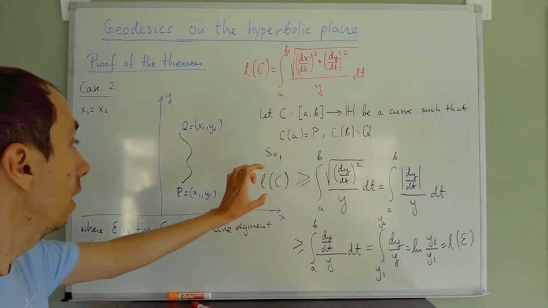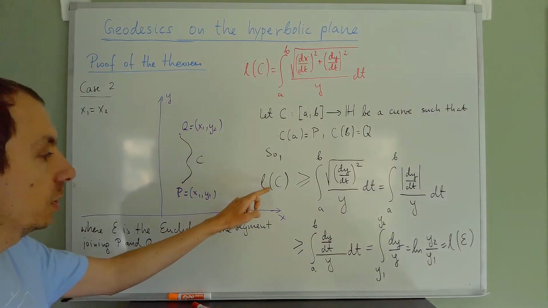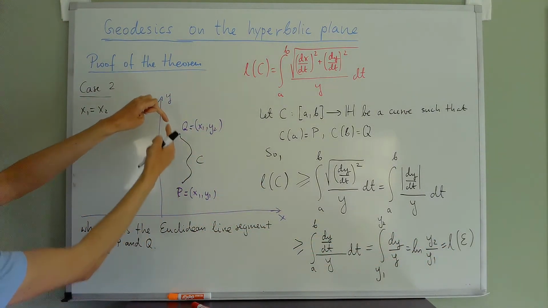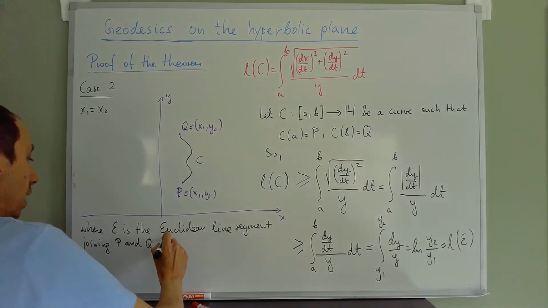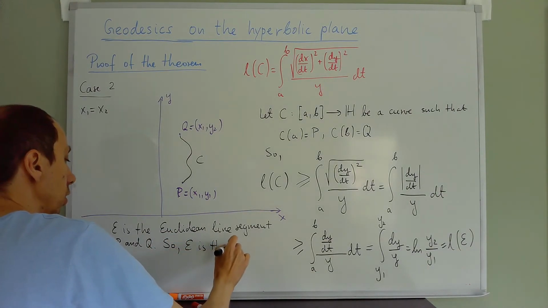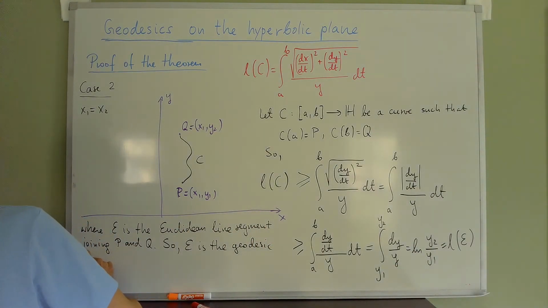We showed that the length of that curve C here is always greater than or equal to the length of a line segment that connects them. So the line segment is the geodesic between P and Q.